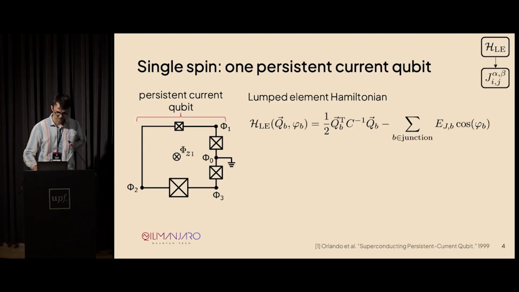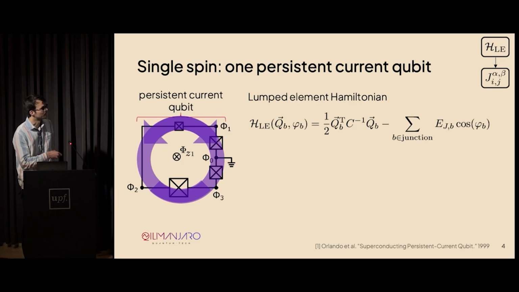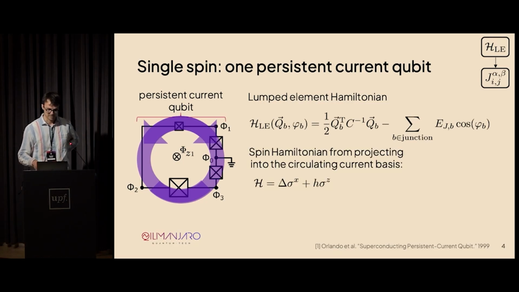To understand this in terms of a spin Hamiltonian, we introduce the persistent current basis. This is a persistent current which can go around clockwise or anti-clockwise. If we project the lumped element Hamiltonian onto these states, we already get the transverse and longitudinal field. So this is already the first part of the Hamiltonian.